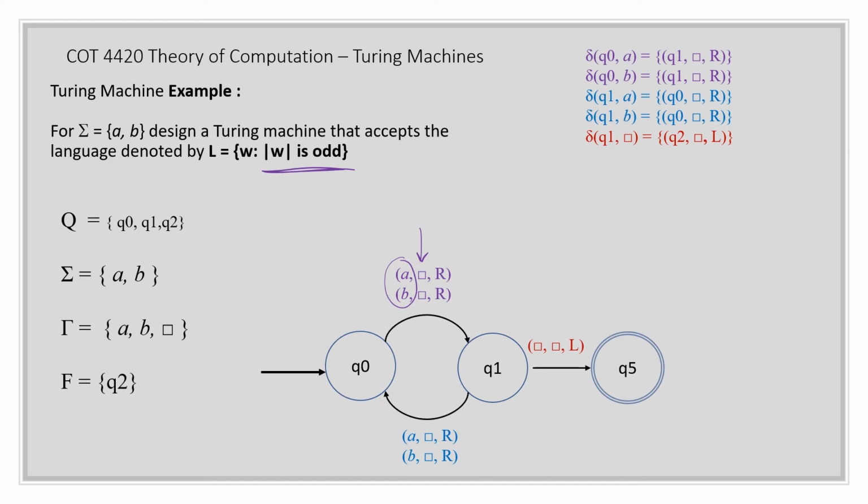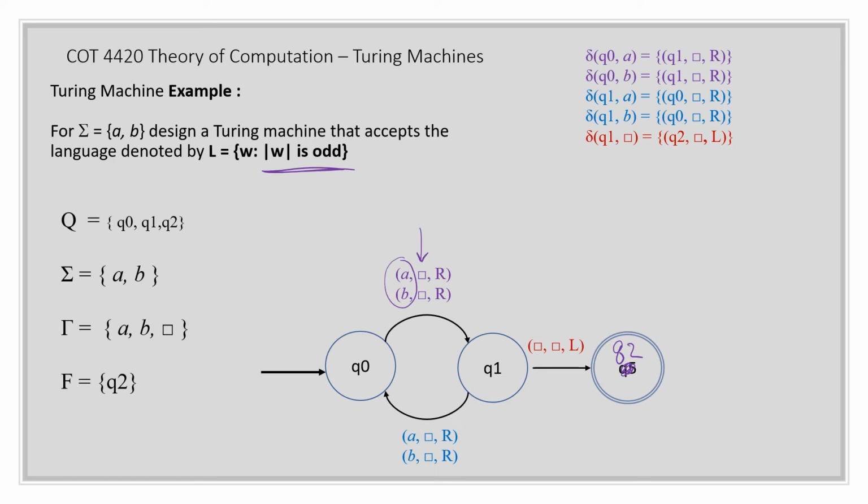In this case, we're going to count the symbols and make sure that we have an odd number. And I have another error here: this should not be Q5, this should be Q2. I'll have to fix that; sometimes I notice things when I'm doing a video.